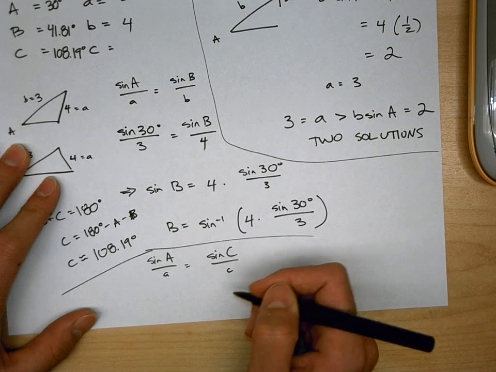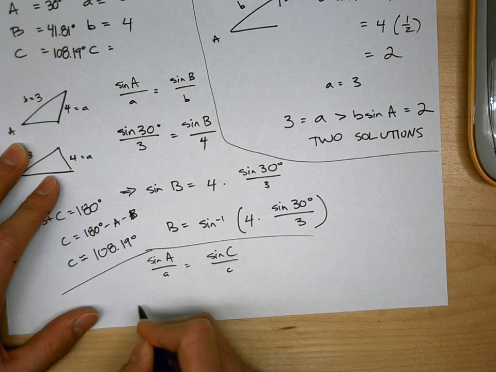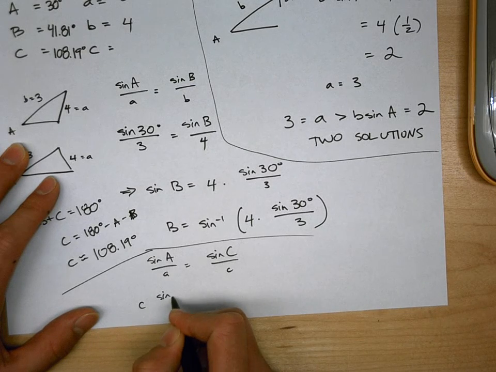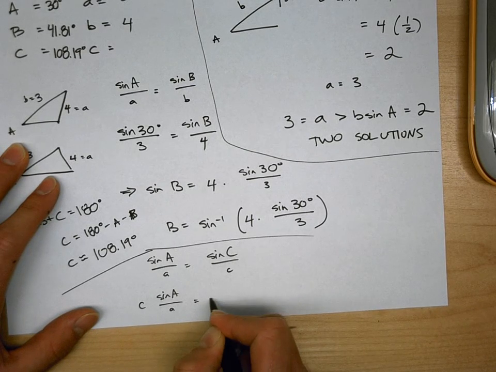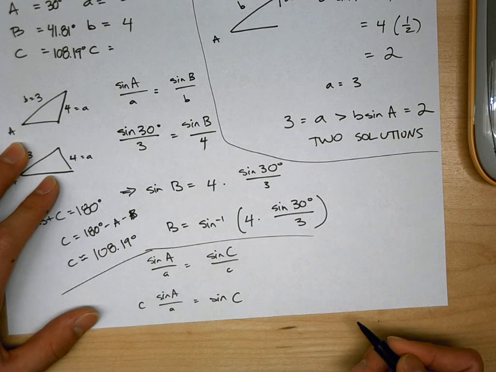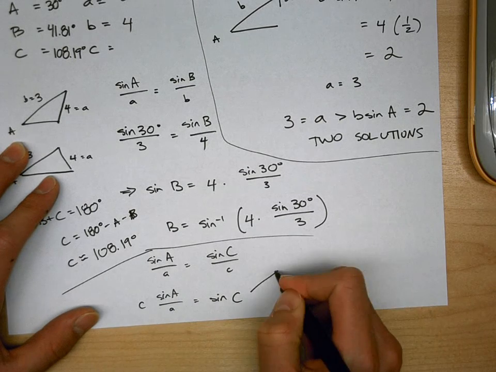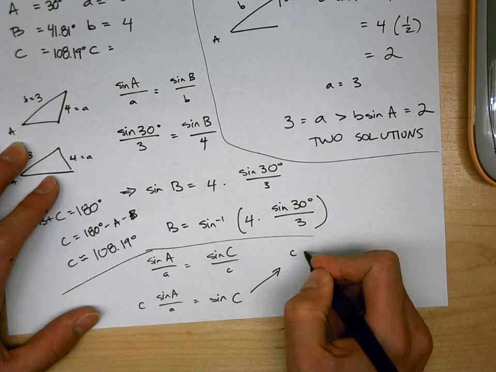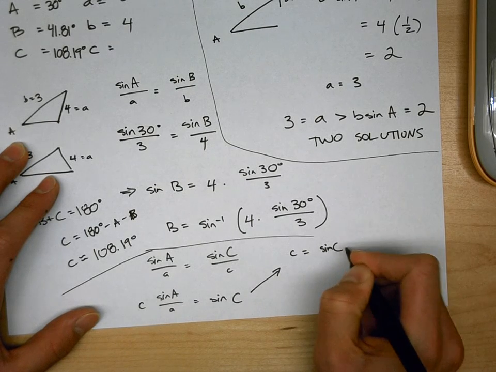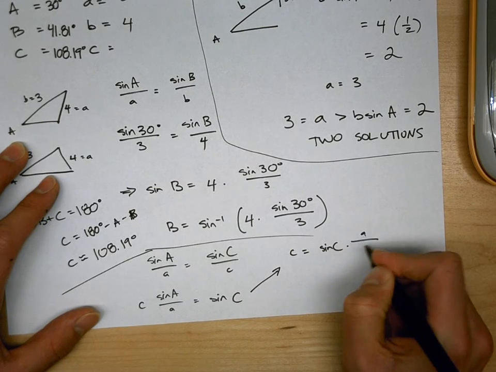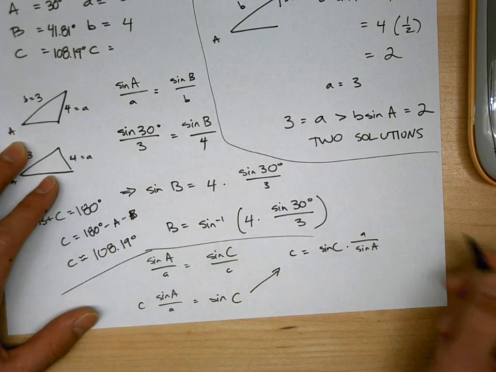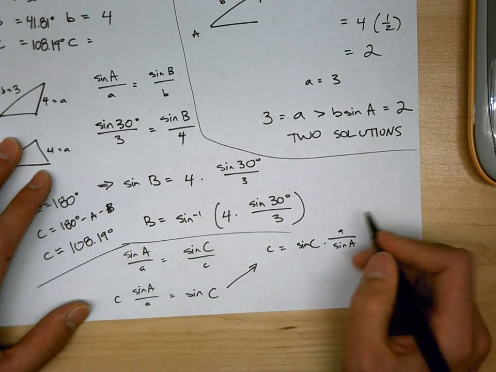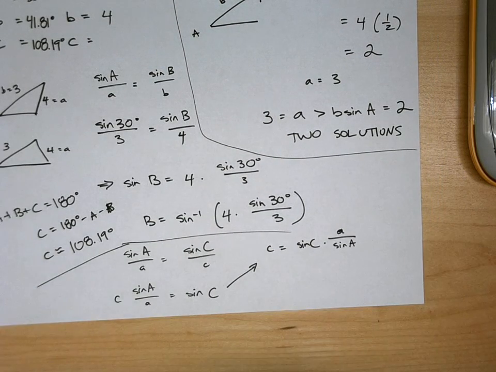So I can multiply both sides by c, and I'll get c times the sine of A over a equals sine of C. And then what I want to do is still get c by itself. So I can multiply both sides by a over sine of A. And I'll have this set up. c equals sine of C times little a over sine of A.